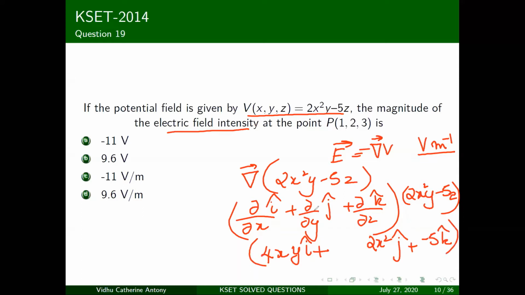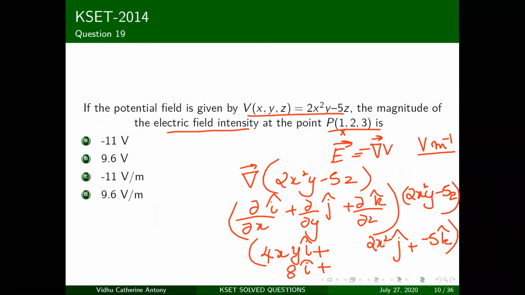Now what I need to do is substitute the value at this point. So I need to find the electric field intensity at this point, so I substitute the value of that point, and I end up getting 4i cap, so this is 2, so that means it's an 8i cap.